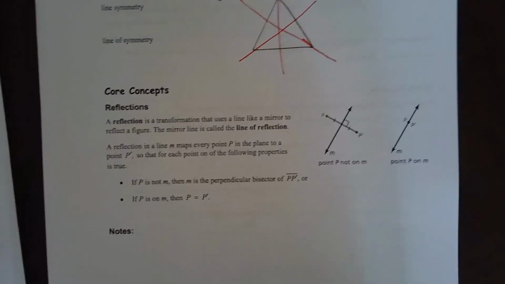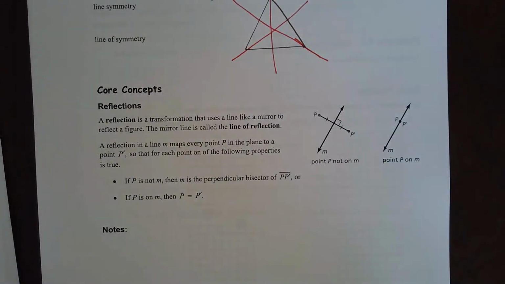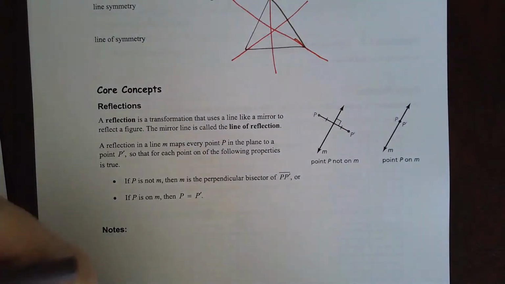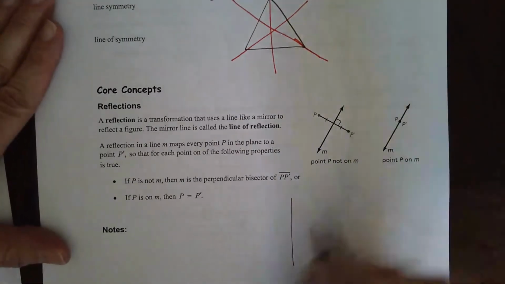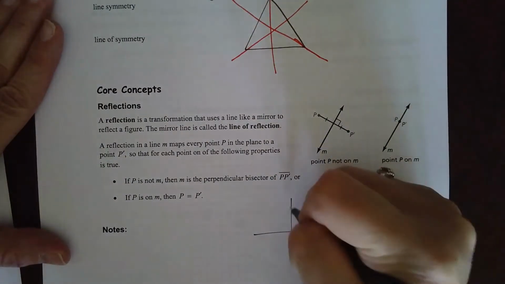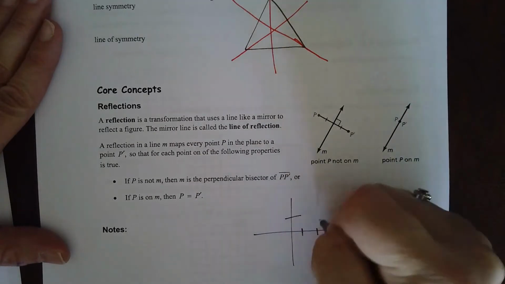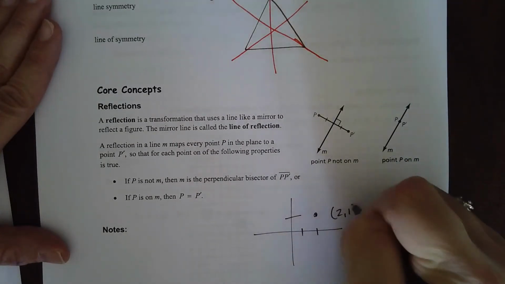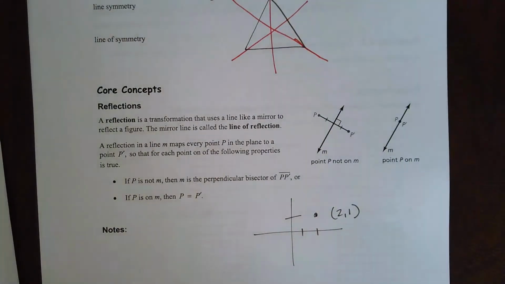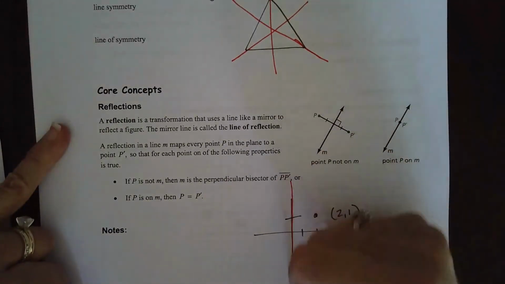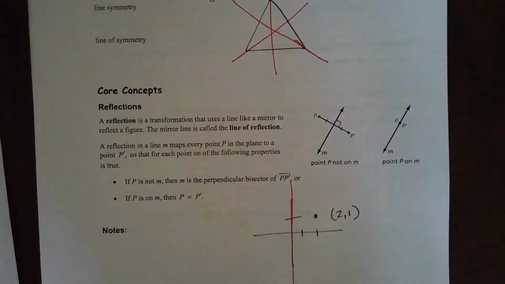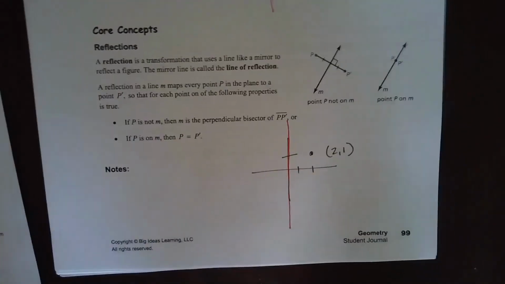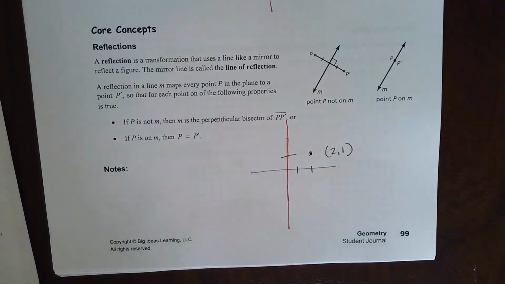Okay, so a reflection is a transformation that's used like a mirror. We talked about that, and it maps every point over that line. Let's say I had the point 2, 1, and I wanted to reflect it over the y-axis. One of the ways I do reflections, and there are some rules that we're going to use, but one of the ways we can do this is just to count, right?